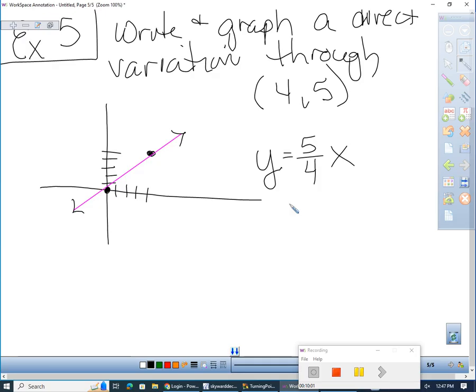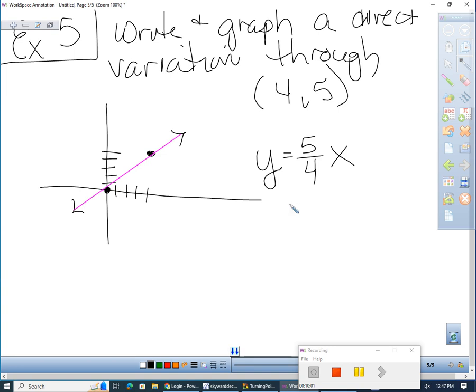So you'll notice, now that we have it drawn up here, we have our direct variation equation. If we start right here, if I do rise over run, I'm going to go up 5, 1, 2, 3, 4, 5, and I run over 1, 2, 3, 4. Matches our k, doesn't it? Okay?